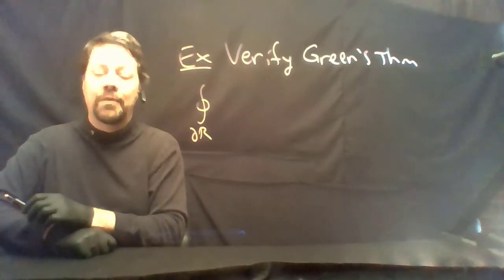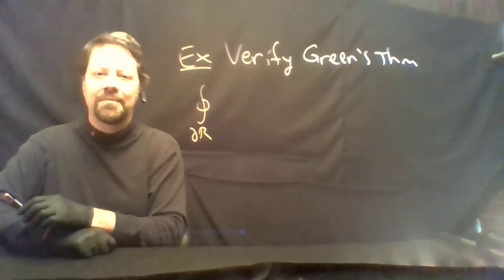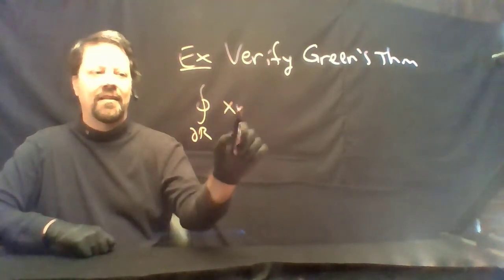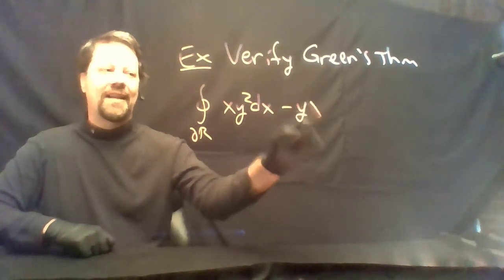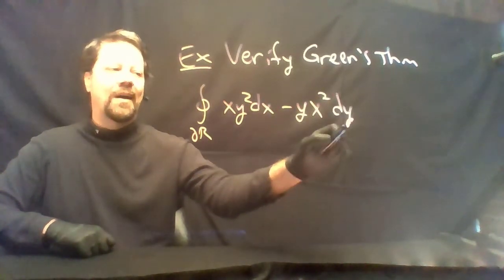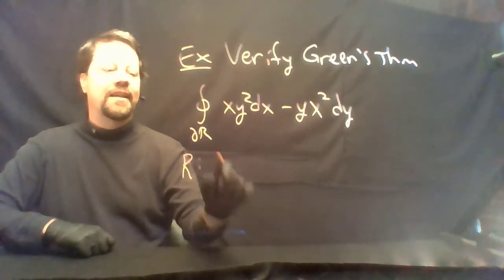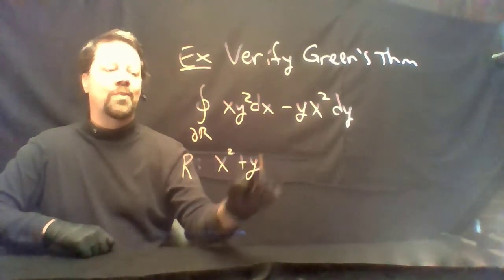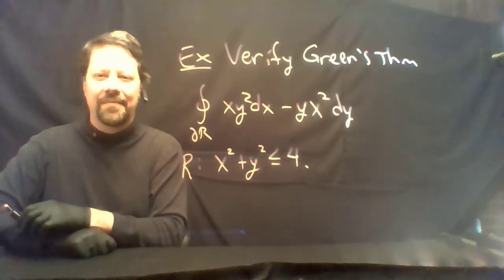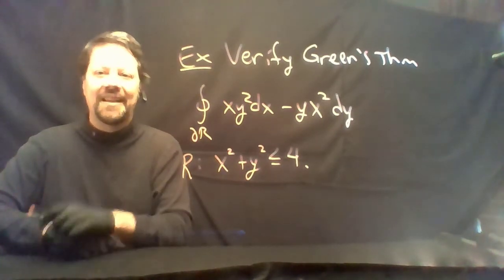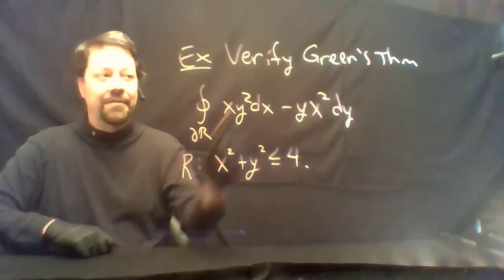On the first problem, we'll verify Green's theorem for x y squared dx minus y x squared dy, and the region is defined by x squared plus y squared is less than or equal to 4. I'd like you to begin by stating the formula for Green's theorem.